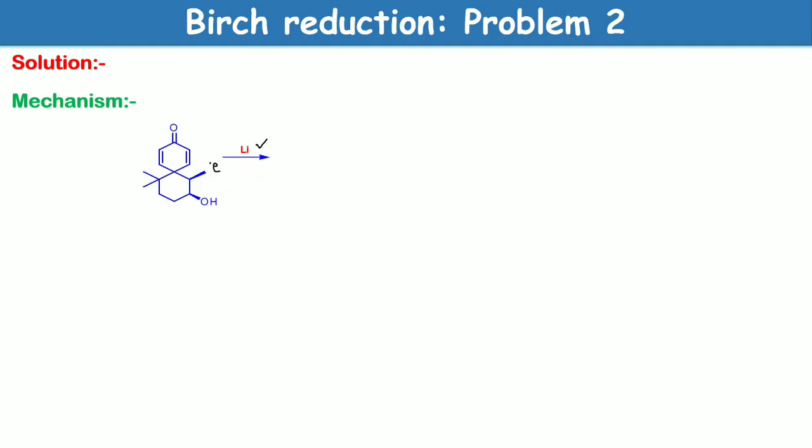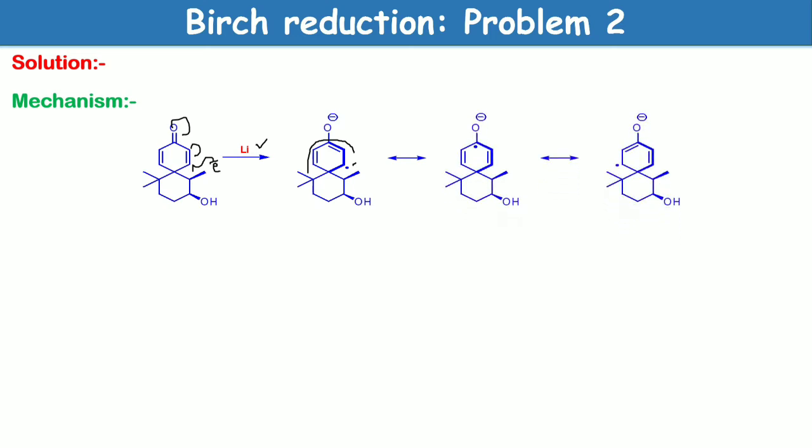So an electron is added to the alpha beta unsaturated moiety and this radical anion is generated, and in this radical anion this radical can undergo resonance with the remainder of the pi system, and simultaneously these 2 canonical structures are formed.